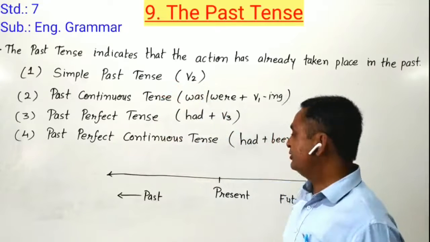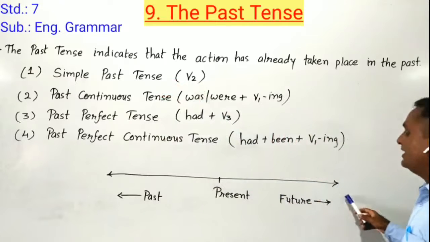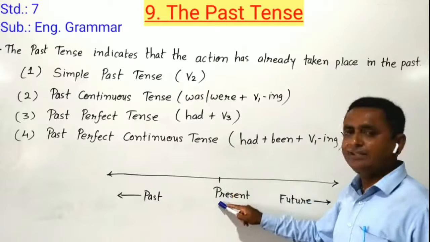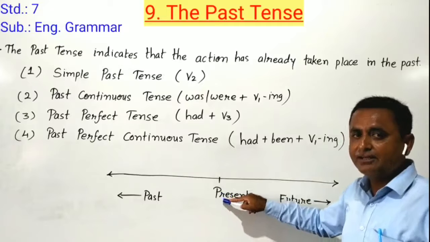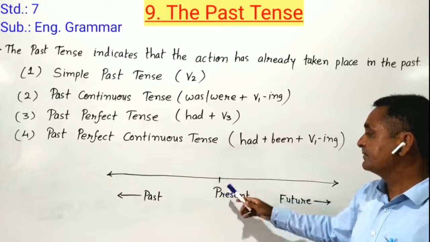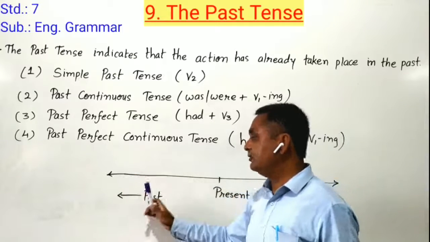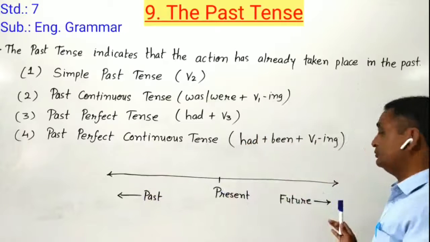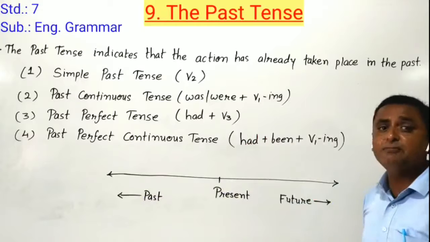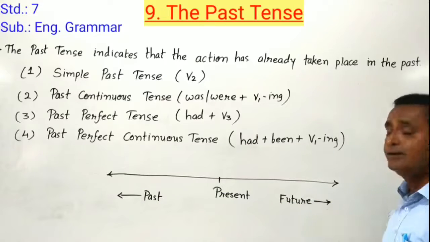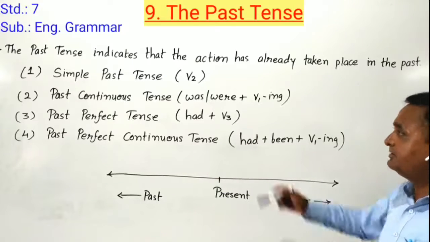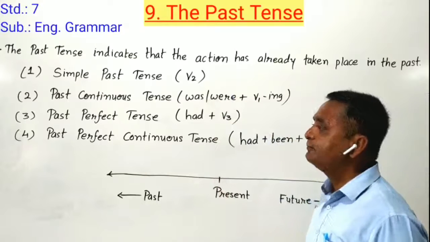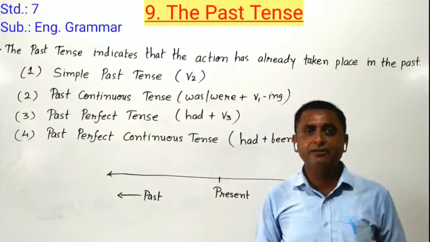Okay? So I drew one line here. It shows the present time. Before our present time, what's happened? It's known as a past. And next to our present time, what will happen? It's shown by the future tense. So based on that, we have to study four tenses here in our lesson.